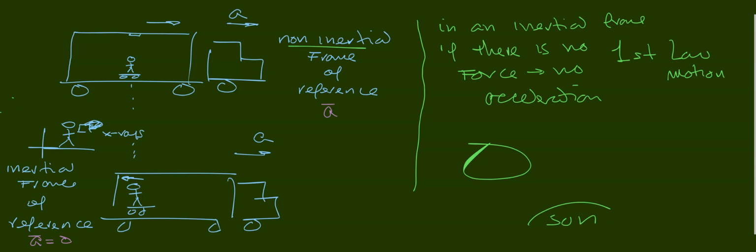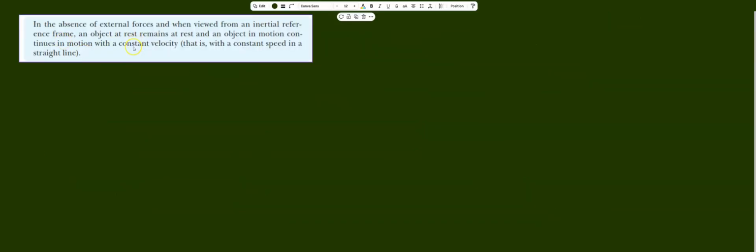And then, to better phrase Newton's first law, there is this, which is what the book gives us. In the absence of external forces and when viewed from an inertial reference frame, an object at rest remains at rest and an object in motion continues in motion with a constant velocity. That means no acceleration. So basically what I said before, zero force means zero acceleration.